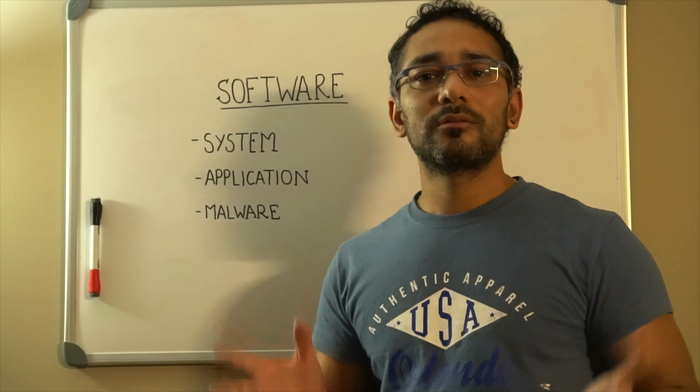So moving on to the next one, which is malware. Malware is basically suspicious software which is created to do harm to the computer, basically known as viruses. All of you must have heard about viruses. The viruses' main job is to corrupt the system, do something malicious. They just want to harm your computer, harm your software.